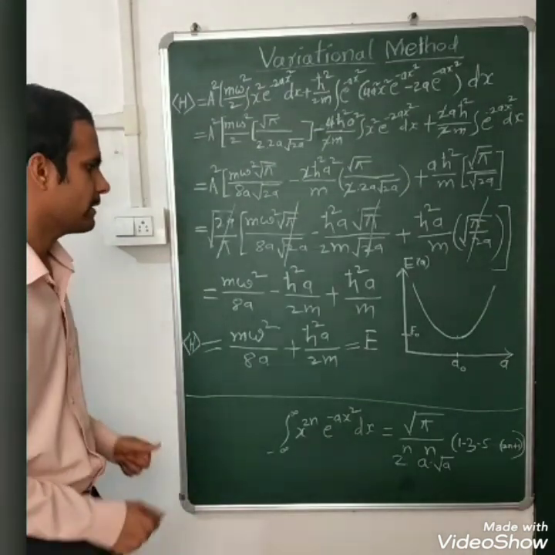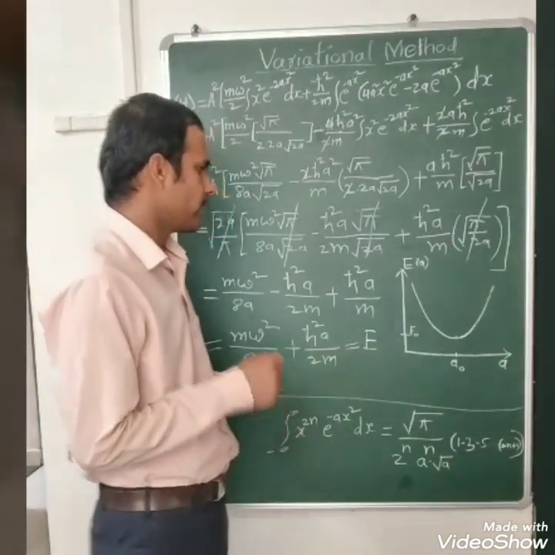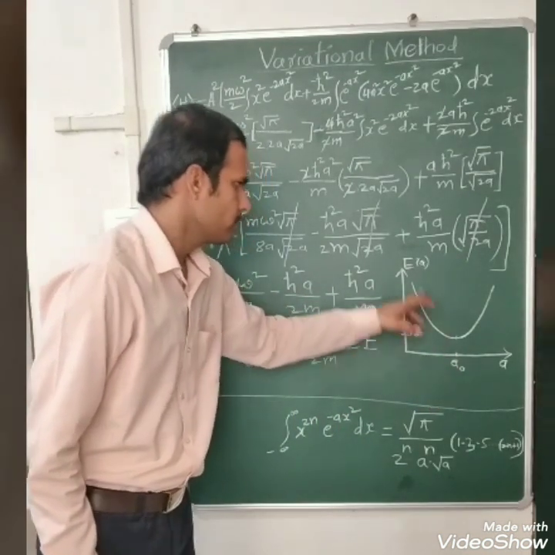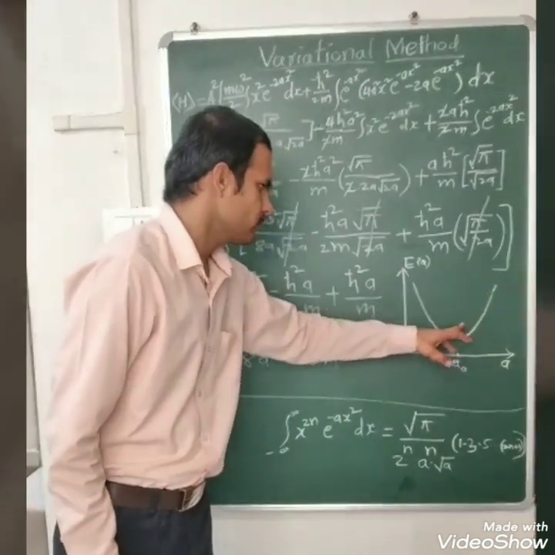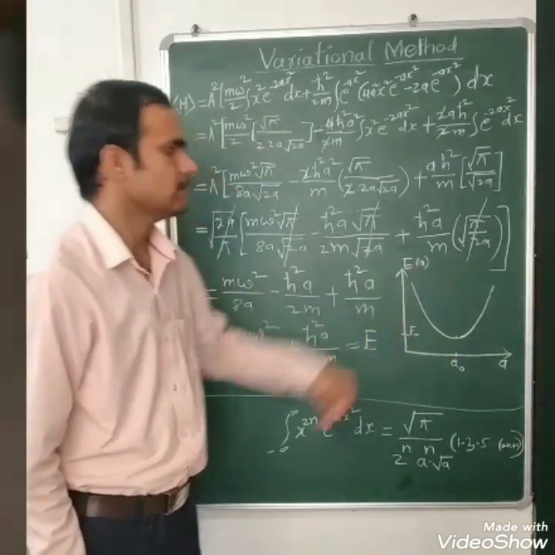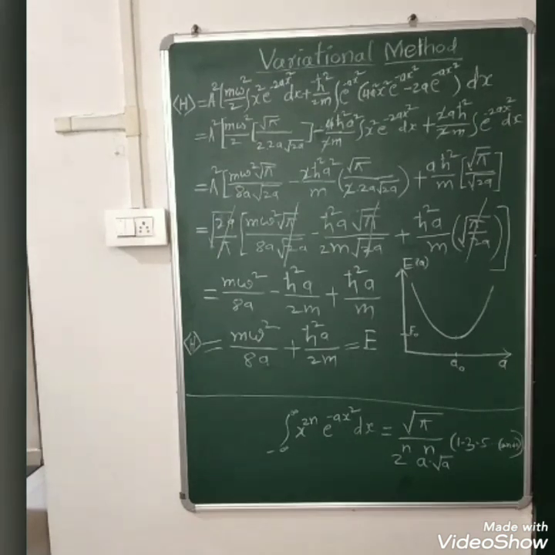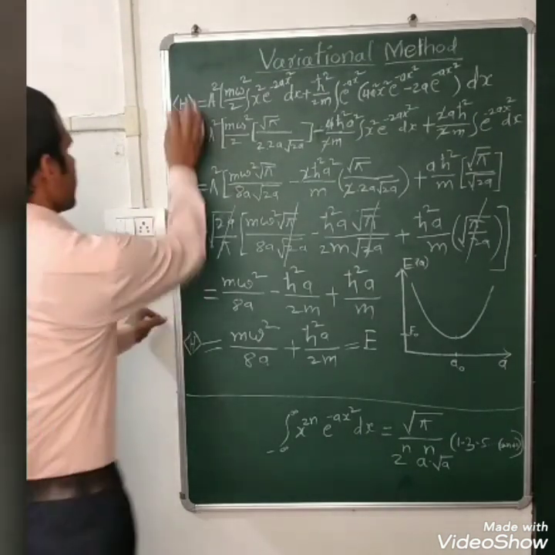So how do we get this? For A0 we have to use the minimization of this E. So we understood that.